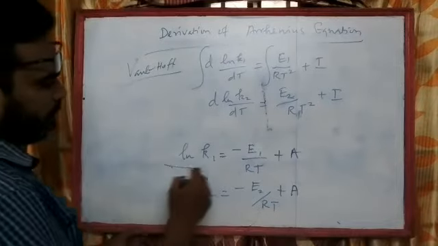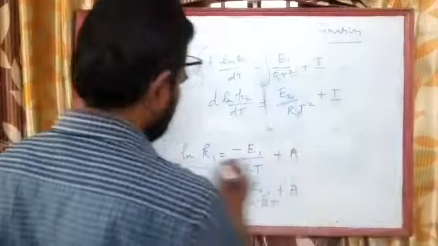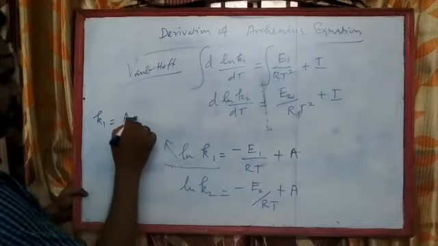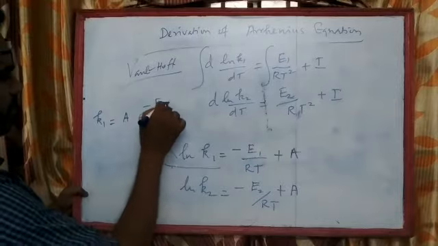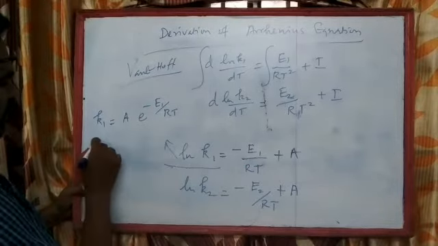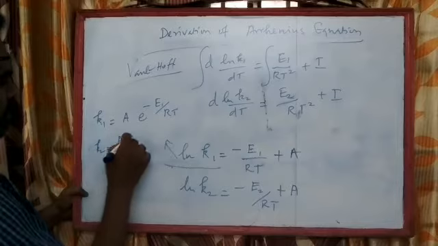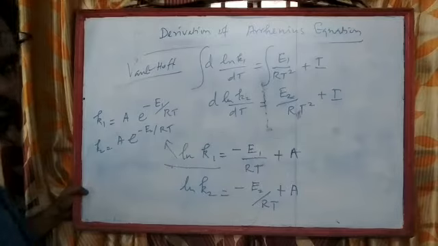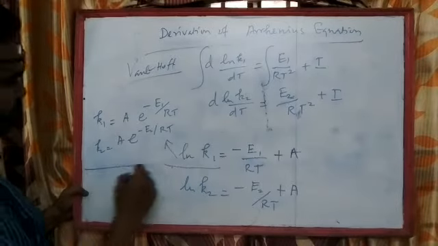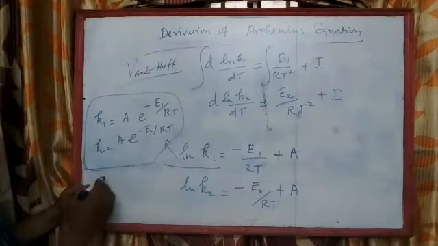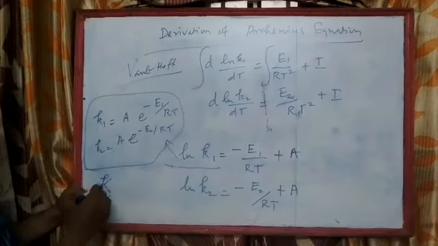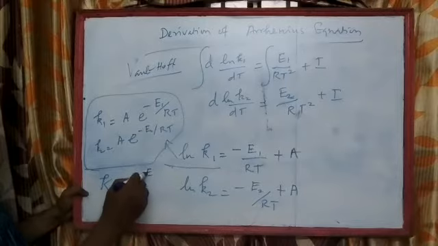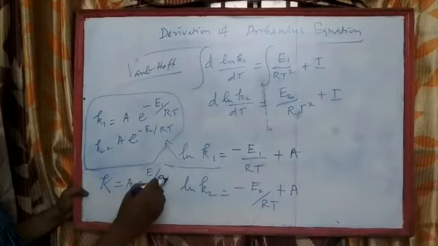Okay. So by removing the logarithm, you can write K1 is equal to A e power minus E1 by RT, or K2 is equal to A e power minus E2 by RT. And from this, you can write in general small k is equal to A e power minus E by RT.